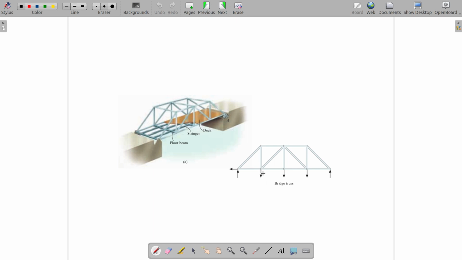That may not be the case all the time, but let's just say that is the case. If so, loads will be there on the joints. And of course this bridge is supported at either end. That means you have these support reactions, which are external forces.